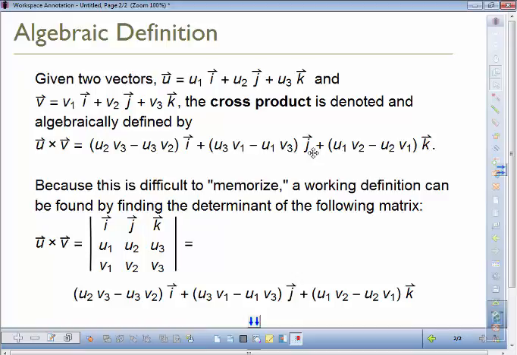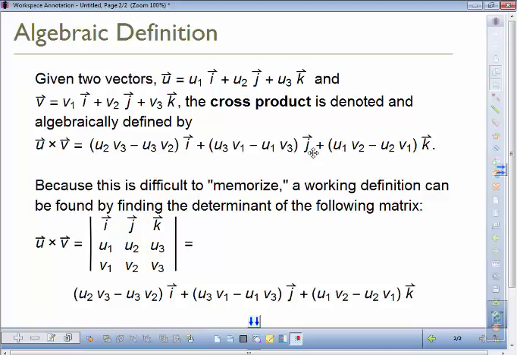At this point in this class, we will only be taking cross products of three-dimensional vectors. When we did dot products, I said you could take dot products of two-dimensional or three-dimensional vectors, and even of 4, 5, 6-dimensional vectors if we need to. But for the cross product, we're really just restricted to three-dimensional vectors.